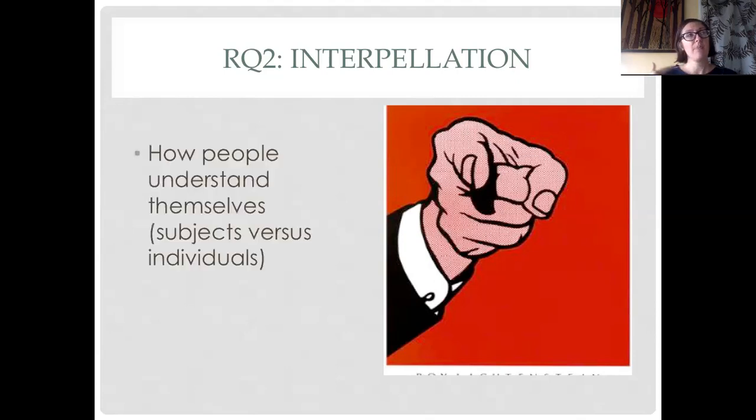And as we are folded into ideology, we start to understand ourselves based on the way that the people in power have interpolated us. So Althusser talks about this as, before you're in an ideology, you're an individual, right? So you're existing on your own, functioning on your own.